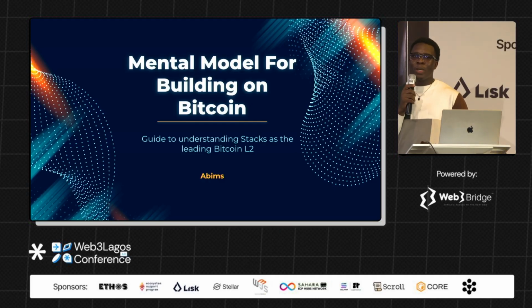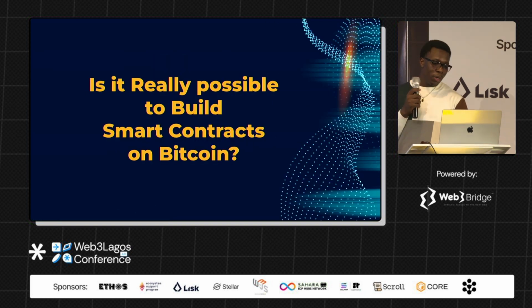Prior to my exploration around Bitcoin, the notion that has always been there is: is it really possible to build smart contracts on Bitcoin? I would say yes. The only thing is that it depends on how you think about it, because there's a different approach to how you go about building smart contracts on Bitcoin as compared to EVM.